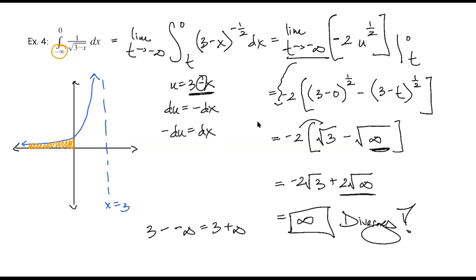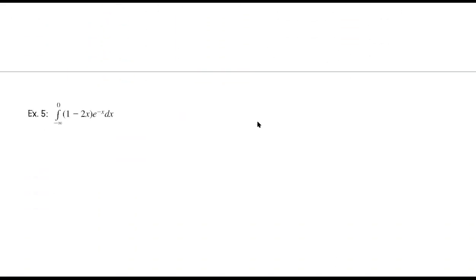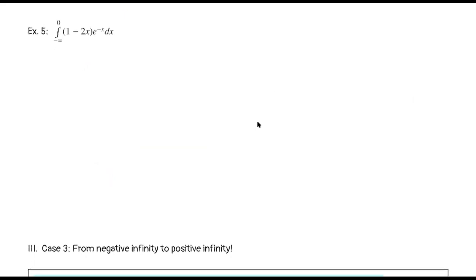All right, so let's move on to example number 5, okay? And in looking at example number 5, let's take a look at what happens. So my bottom bound is negative infinity.